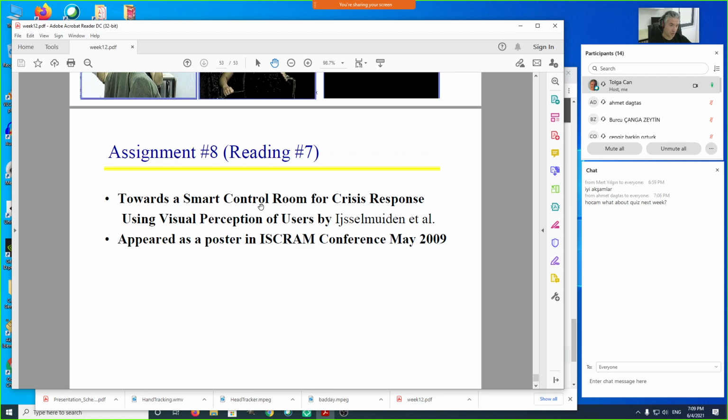It talks about an emergency situation room, where users are tracked. How many users are there? Which users have authority to do certain things? So when you talk about perceptual interfaces, we should not always think about a single person interface. A situation room like this will have many users simultaneously entering the room, so a perceptual interface will be able to track them all and act accordingly.